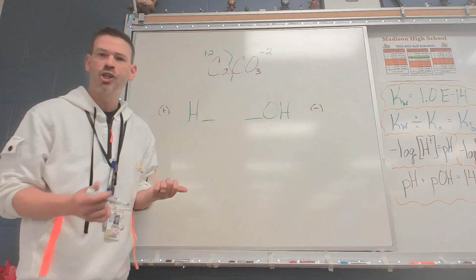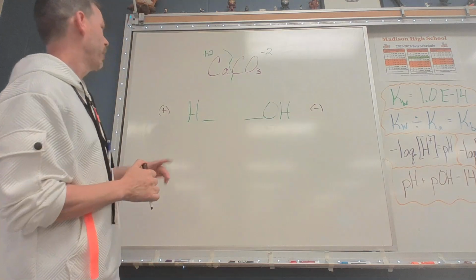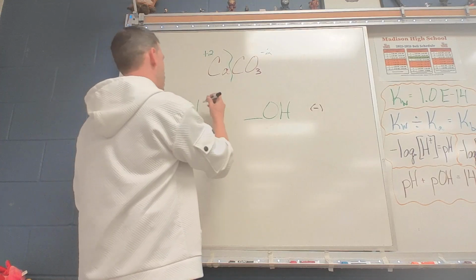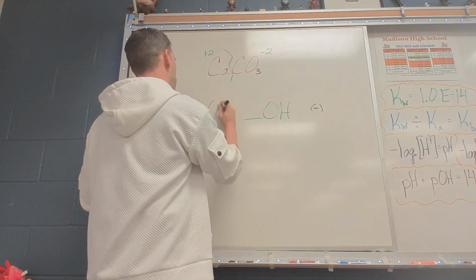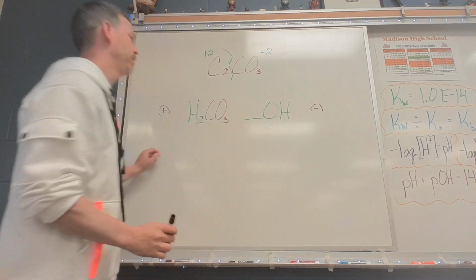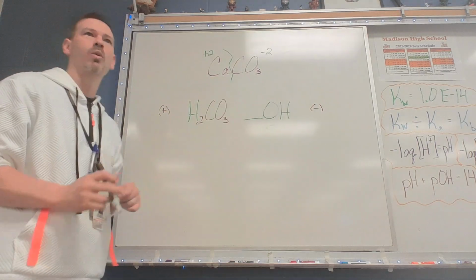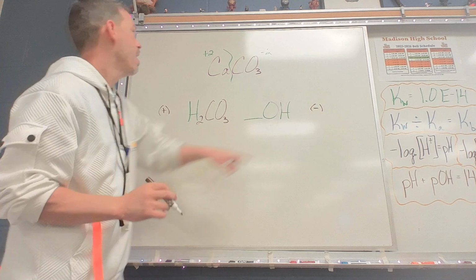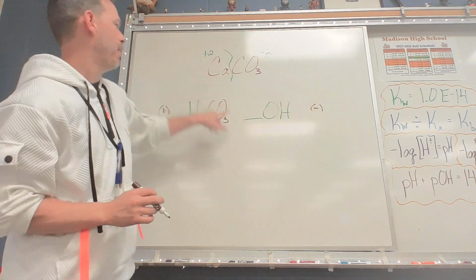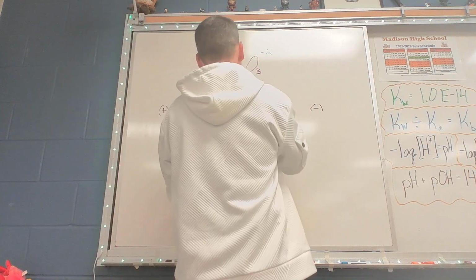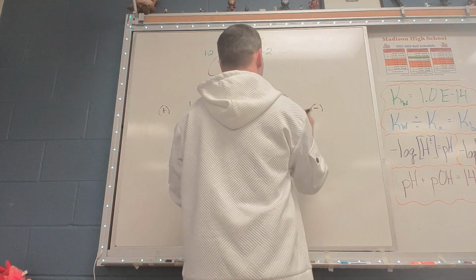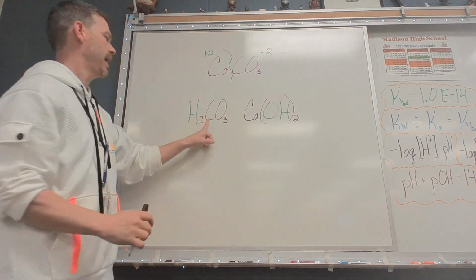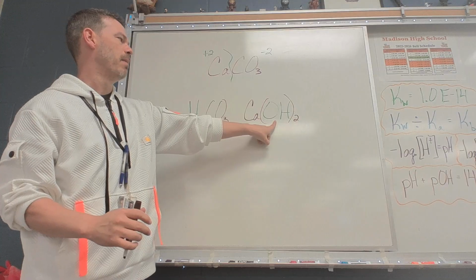Again, oxidation state data. So here's the association: the positive and the negative are going to attract. So this will be H2CO3, because carbonate would cross its 2 while we're being good little chem kids. That negative would attract that positive, making it calcium hydroxide. And there is dad and mama.